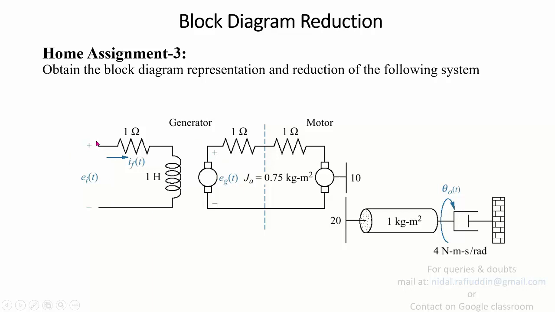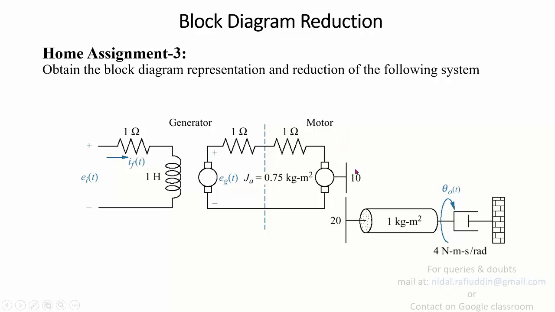So you will be working similarly to the modeling of a field controlled DC motor. You will apply the same principles to the field controlled DC generator here. Then the output from this generator, which is nothing but the armature voltage, is fed to the motor. So the motor now becomes an armature controlled DC motor, and the transfer function or modeling of an armature controlled DC motor applies here.